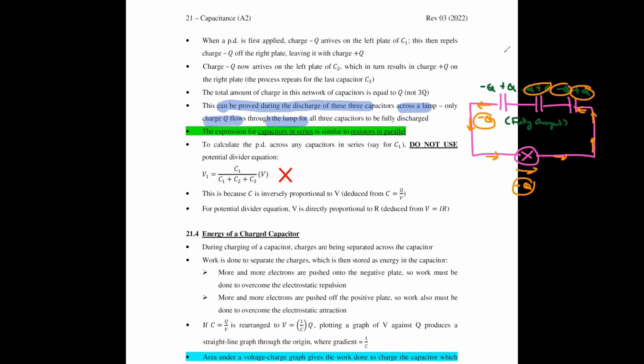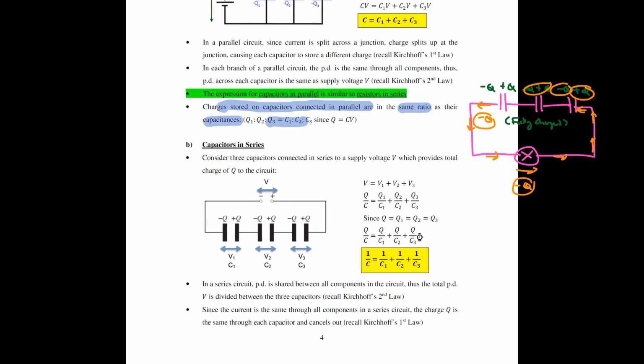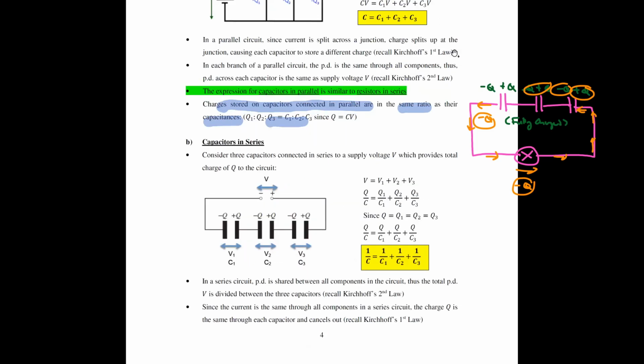Okay, right. So back to the expression for capacitors in series just now. We did not really finish that derivation. So the charge stored in each of your capacitors just now, Q1, Q2, Q3, as I mentioned, is actually just going to be Q itself. Okay, so that expression from above, you simplify it to this, where all the charges are the same.